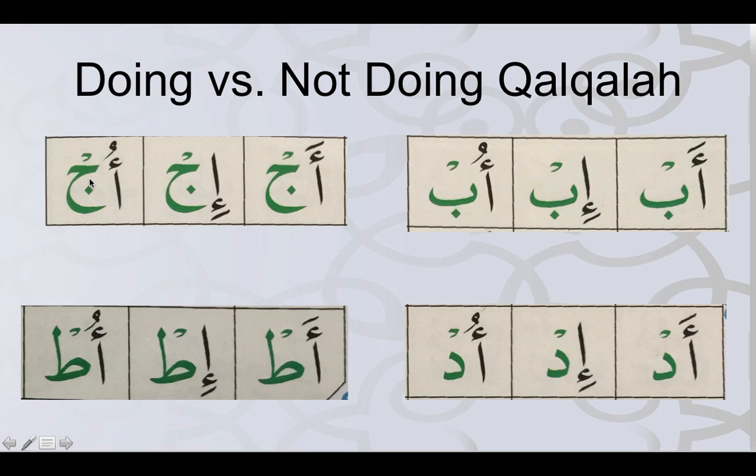Aj, ij, uj. Now incorrect. Ad, id, ud. So correctly, aj, ij, uj. Incorrectly, ad, id, ud.